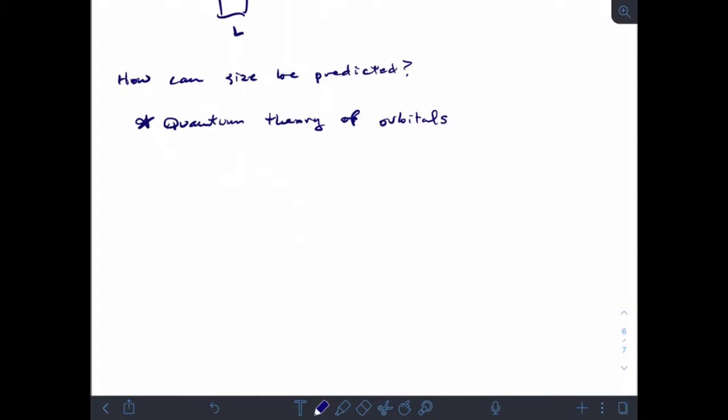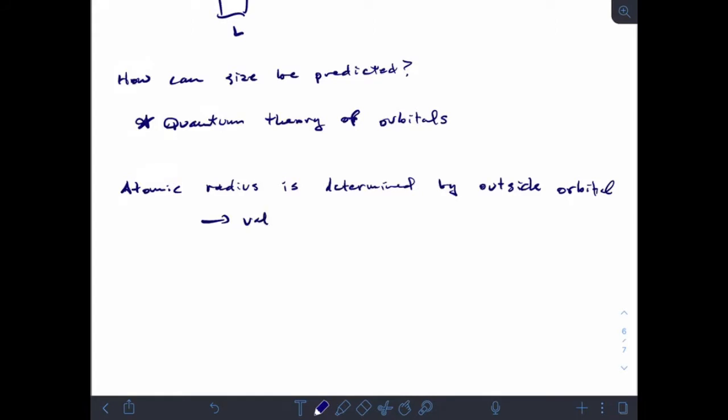So atomic radius is determined by the outside orbital, the biggest orbital, and it's related to the valence electrons.